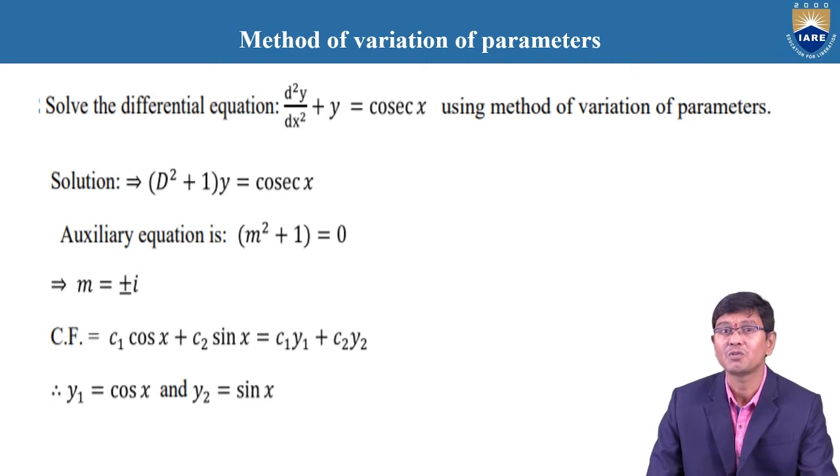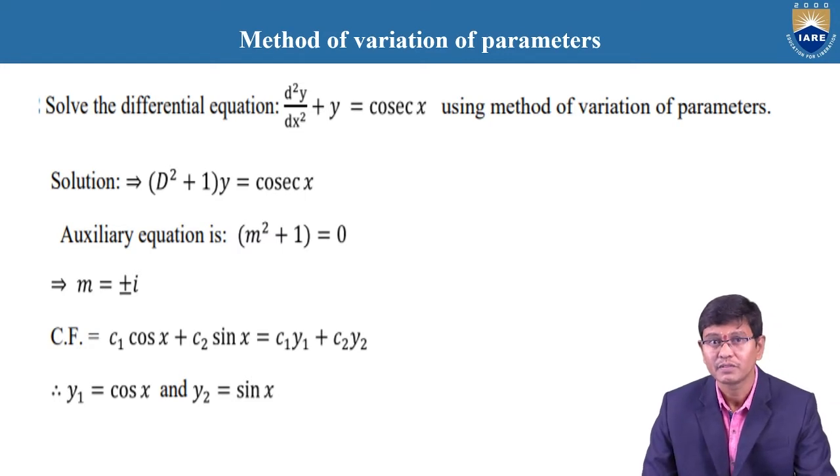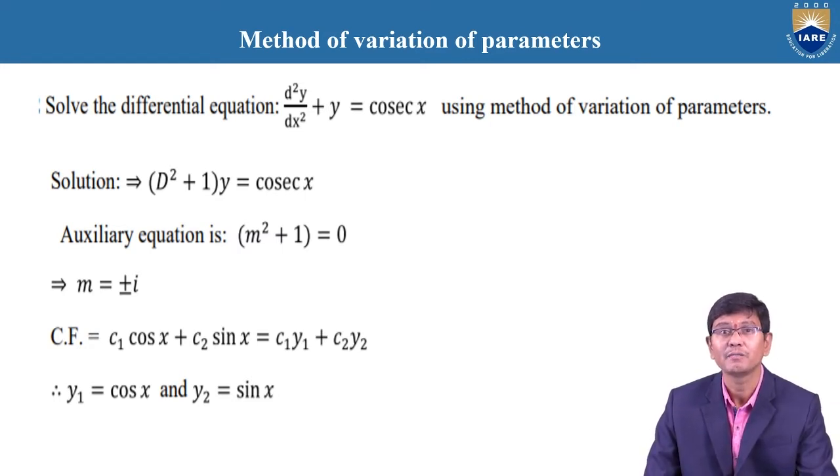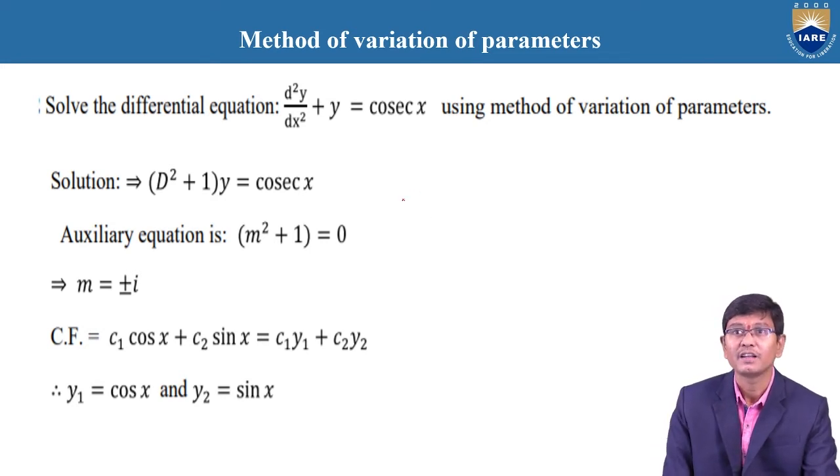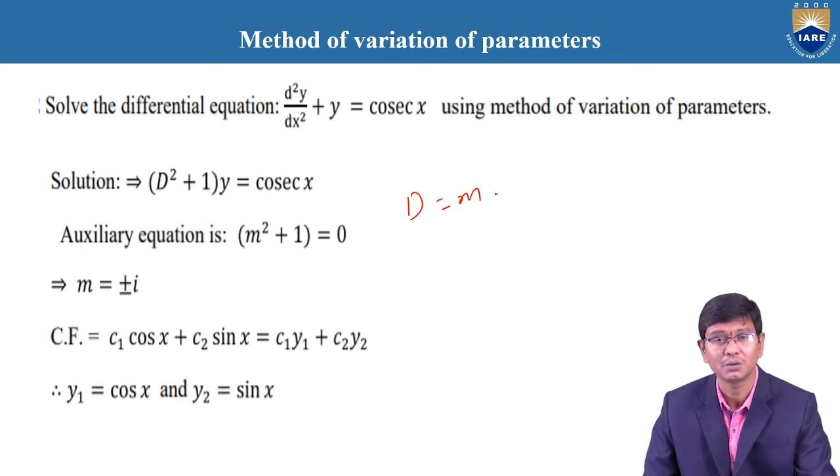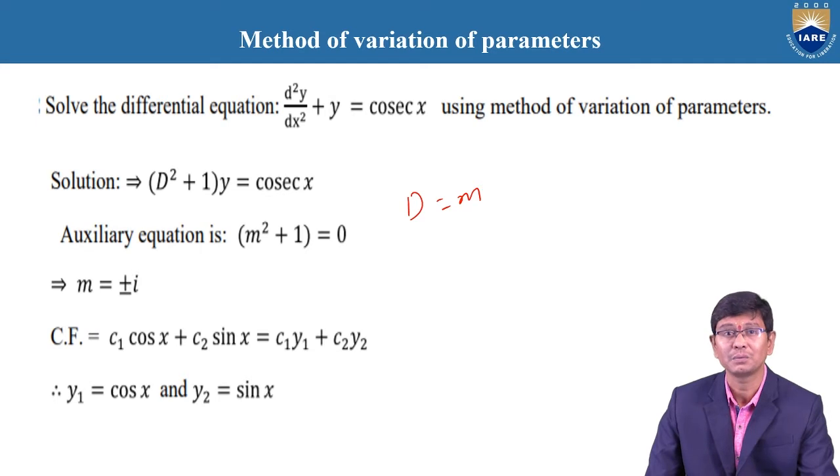We reduce it to operator form, and after that we find the auxiliary equation. The auxiliary equation is obtained by replacing D with m. Therefore, m squared plus 1 is equal to 0. Here the order of the given differential equation is 2, so by solving we obtain two roots.